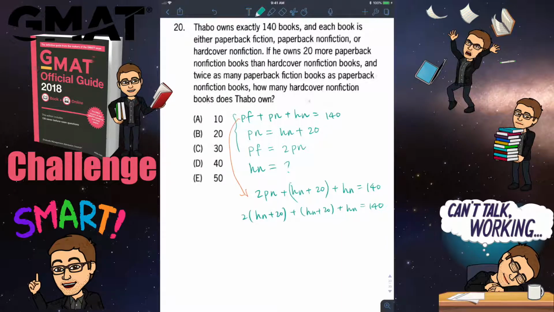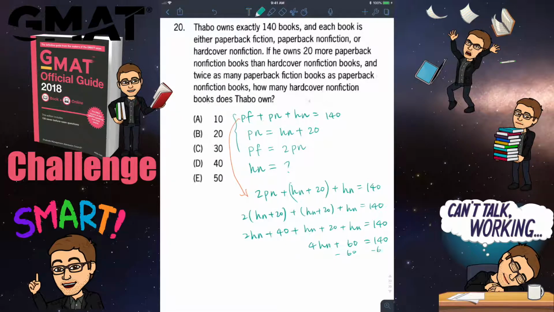And now you just have to get rid of grouping symbols and combine like terms. 2HN plus 40 plus HN plus 20 plus HN is 140. Combine all the HN, 2HN plus HN plus HN, that's 4HN, plus 40 plus 20, that's 60, equals 140.